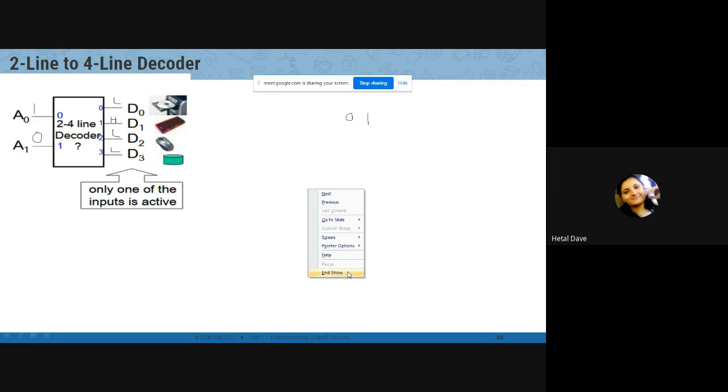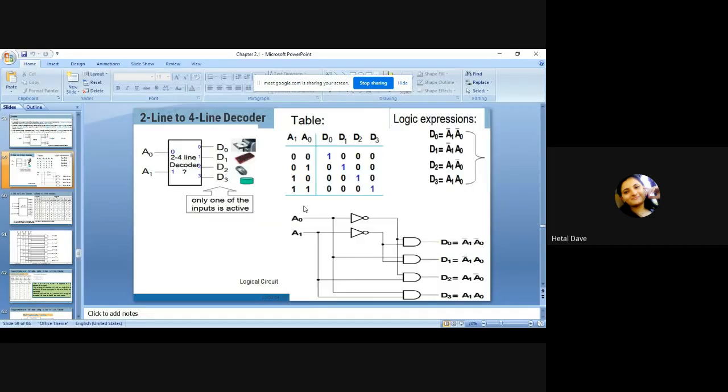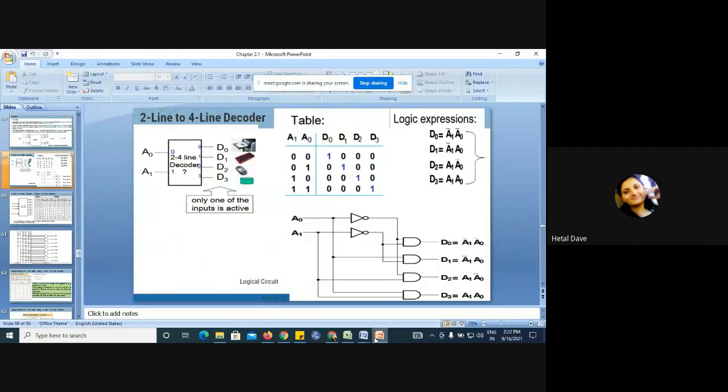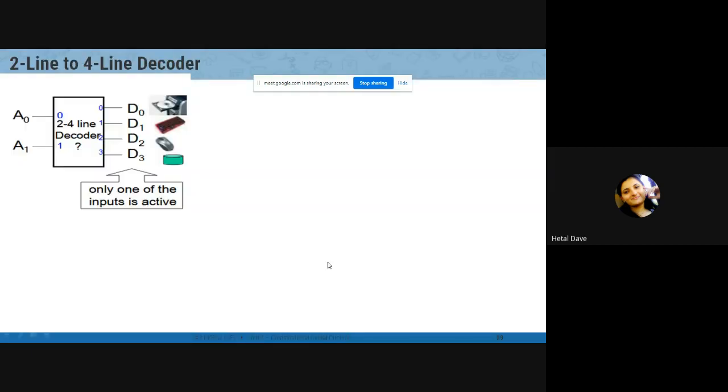Can anyone tell me, if I give 0 1, which device will be on? D1, yes, D1. The keyboard is connected with D1, so the keyboard will be activated. So this is the application of decoder. If I want to activate any one device from many devices without breaking any connection, a decoder can be used.